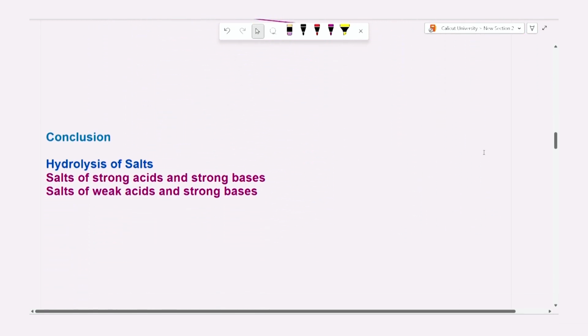In this session, we have been seeing hydrolysis of salts. For salts formed from a strong acid and a strong base, there is no hydrolysis taking place, only hydration of the ions takes place.